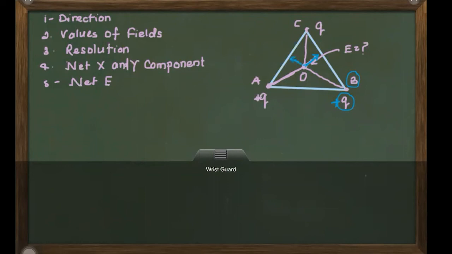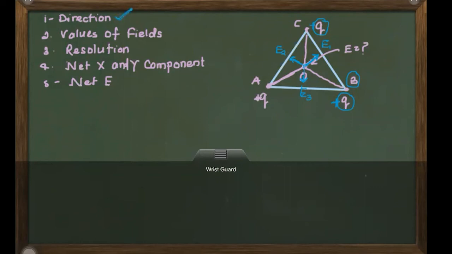Now, when we take Q here at point C, the same way this should be positive and the direction will be here. So I'm going to write it as E1, this one is written as E2, and this one is written as E3. So direction is shown by us.